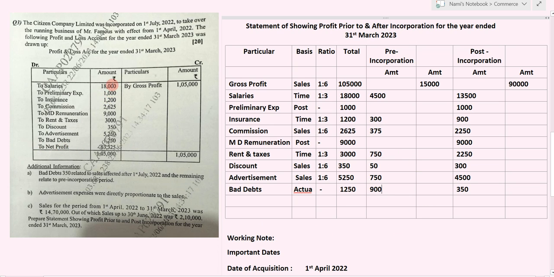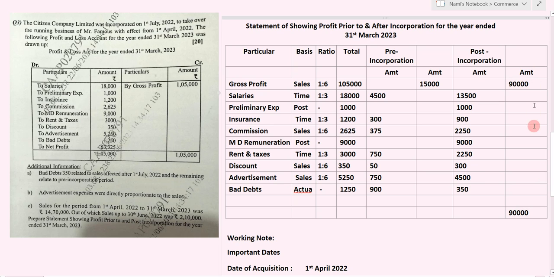Now see, here we have passed all the entries and we have solved the adjustment also. Now we will do the total. We will close the post-incorporation credit side and debit side, and in pre-incorporation we will close the credit and debit side, and we will find the net profit also.